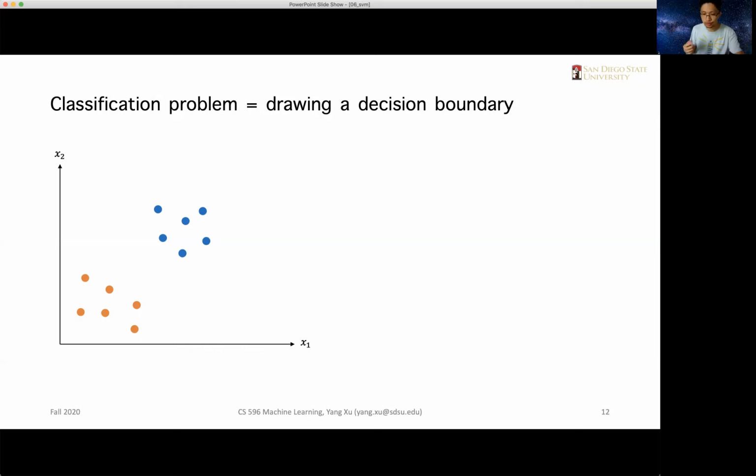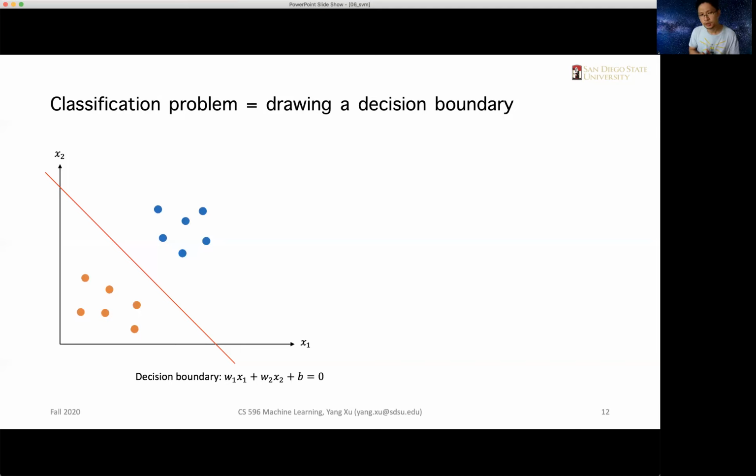When we want to do classification, we are actually separating the data points. We are drawing a decision boundary that splits the different data points apart, right? And these data are labeled, so we know what colors they are when we visualize them.